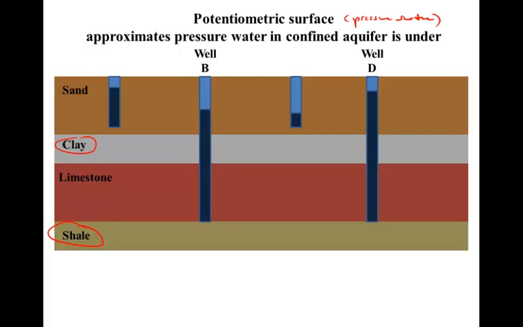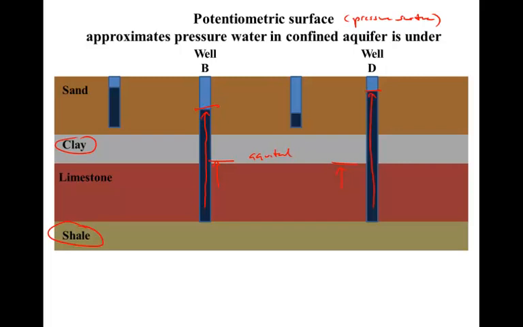You can think of the potentiometric surface as showing the level or elevation to which water would rise in the unconfined aquifer if it wasn't prevented from doing so by the presence of the aquitard. The aquitard restricts vertical water movement, generating pressure in the lower confined aquifer.